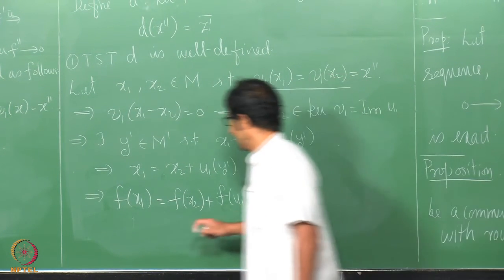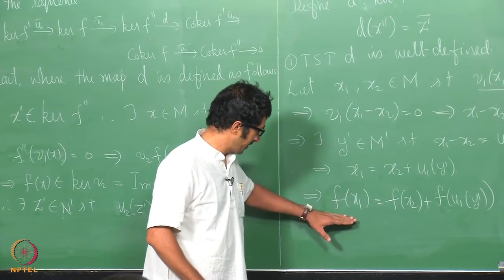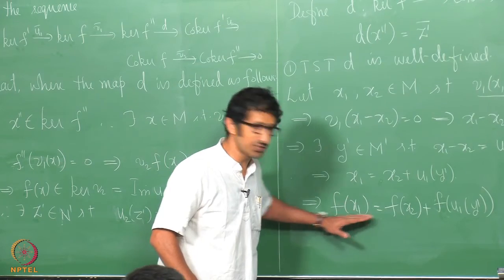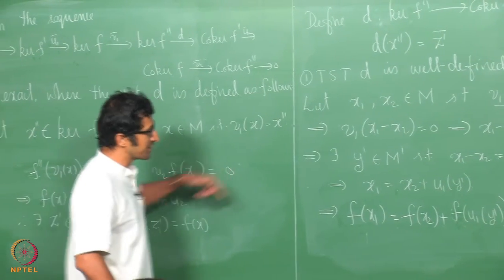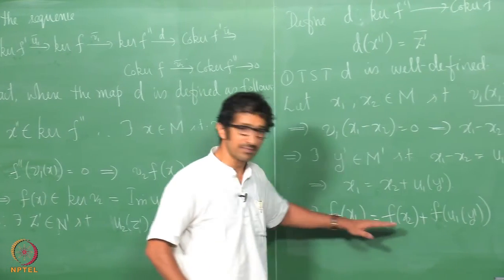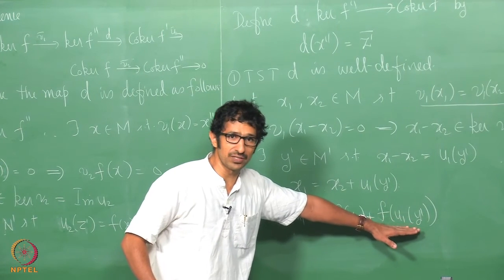Okay. So if I show that modulo the co-kernel, I mean modulo the image of f, these two are the same, we are through. But is this not what we have shown now?